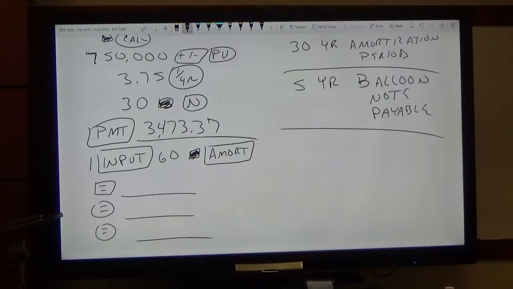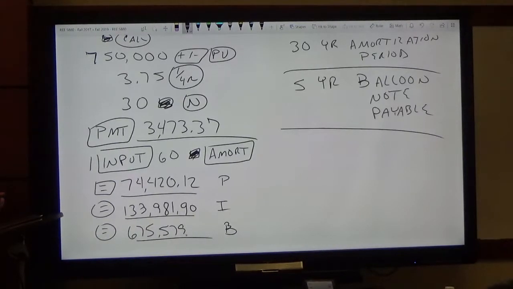The amortization key is underneath the future value key. That's our principal. Equal again. 133,981.90 is our interest, and our balance, 675,579.88. So what is happening here is as follows.